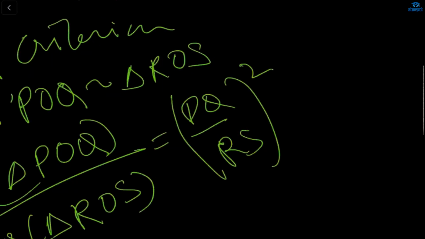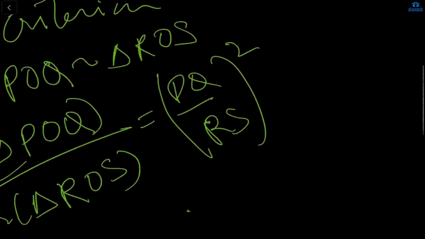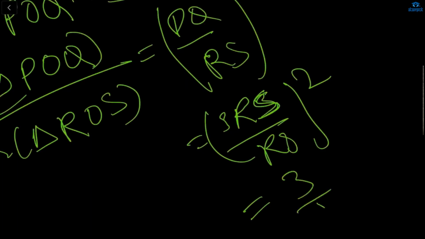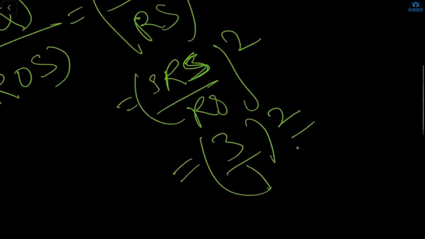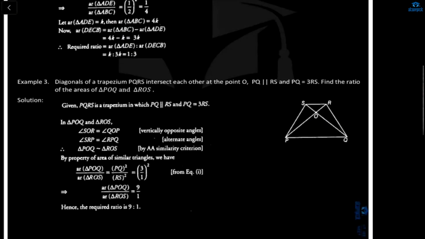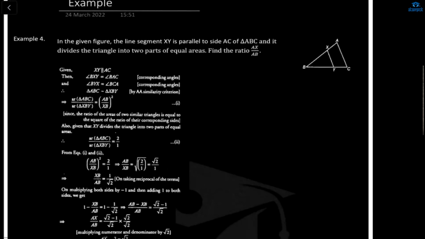Now it is given in the question that PQ is equal to 3RS, so it is 3RS by RS whole square. That gives 3 by 1 whole square, which is equal to 9 by 1. So 9 by 1 is the ratio. Understood? Any doubt? No, ma'am, I understood. Now this is the same as the previous question we did, so I am not going to do this.